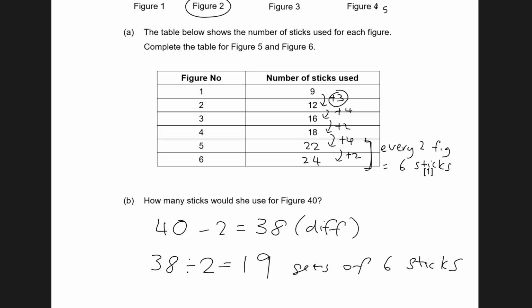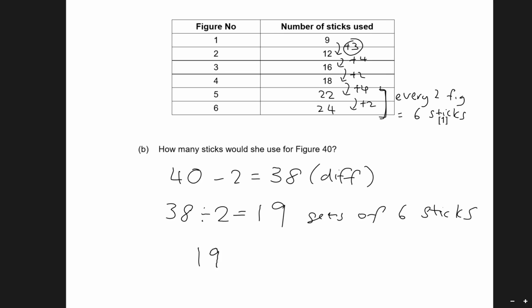Alright, from figure 2 to figure 40, there are altogether 38 extra figures. Every 2 figures, 6 sticks are used. There are altogether 19 sets of figures, and each set has 6 sticks.